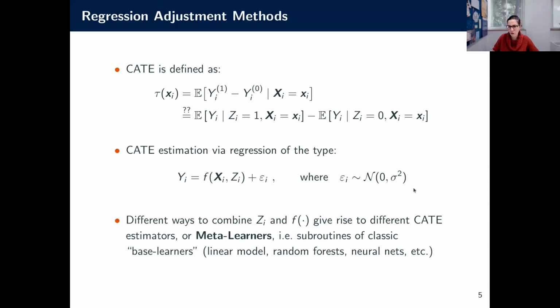Quite often the error is normal, but it doesn't have to be. You could have something more complicated. You could have that your two outcomes, Y1 and Y0, are correlated in some Gaussian process space. There are lots of options, but fundamentally, what you're trying to do is build a regression model that will map you from X and Z to Y in some way.